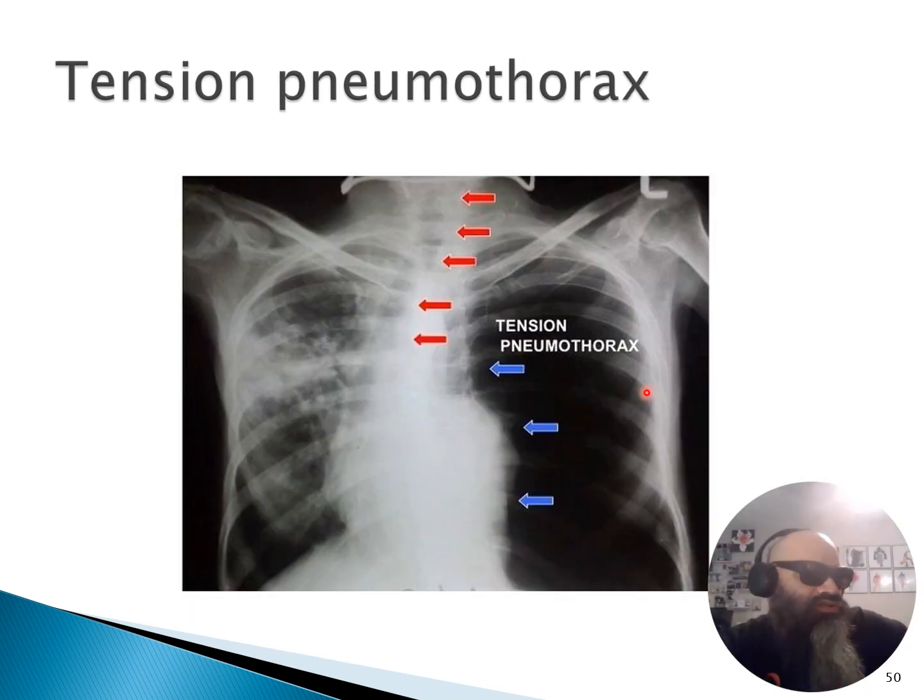So this we call a tension pneumothorax. Remember I mentioned in the first parts of class that air is black on x-rays. Anything that's not dense is black. Anything that's white retains the white color of the x-ray paper. That means it's dense. So bone or fluid or anything else is going to create this white. So this is called a tension pneumothorax.